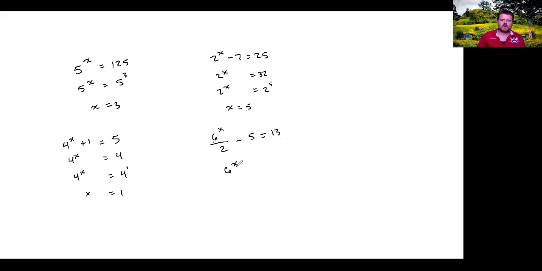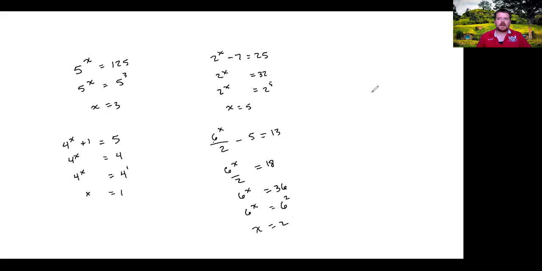Your first step, you would add 5 on both sides. To get the exponential term by itself, you would multiply both sides by 2. Rewrite 36 as base 6, so that's 6 squared. And your answer is x equals 2.